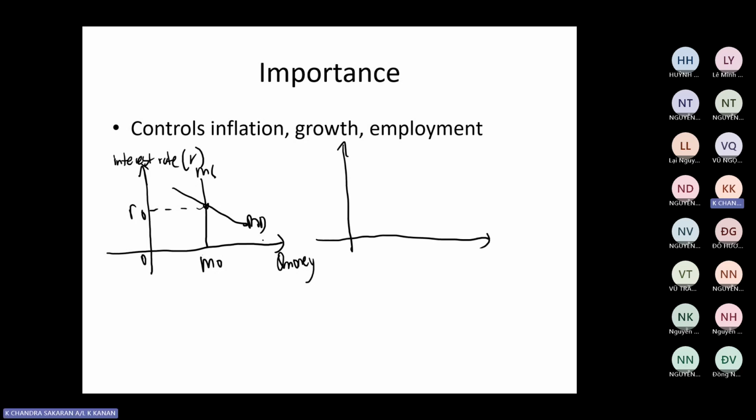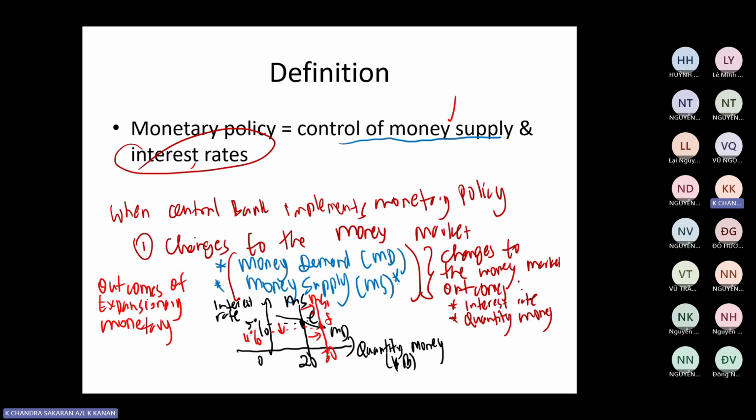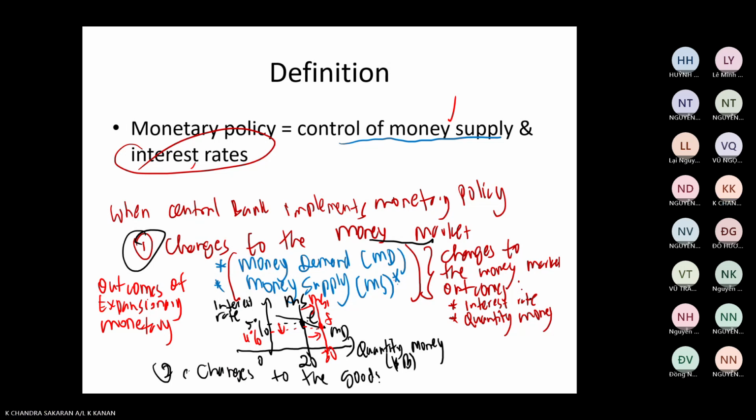The first change is to the money market. The second change is that it affects the goods and services market.